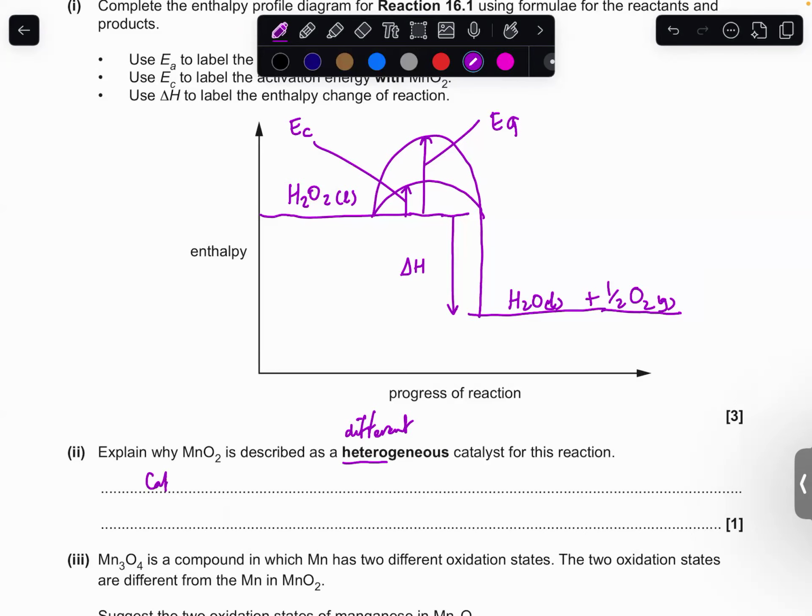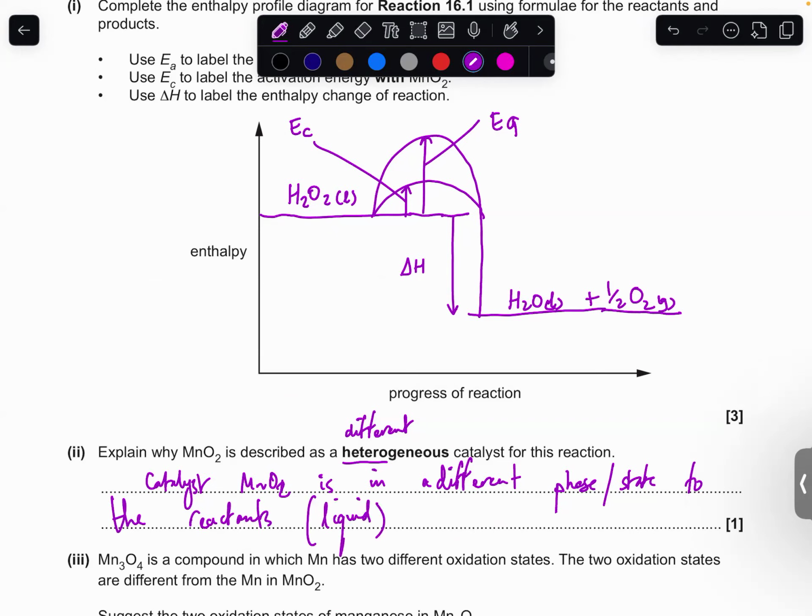This is where the catalyst, or MnO2, is in a different phase or physical state to the reactants. In this case, MnO2 was a solid, and the reactant is a liquid.